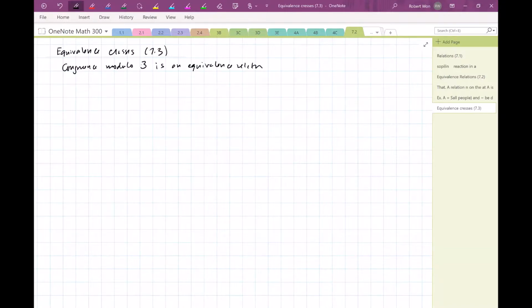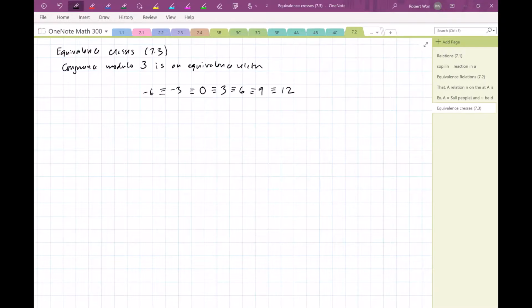For that relation, we know that a bunch of numbers are equivalent to one another. Let me try to list them. 0 is equivalent to 3. 0 is also equivalent to 6, and 3 is also equivalent to 6. Because it's an equivalence relation, it's transitive, so if I continue writing things in this list, they're all going to be equivalent to one another. There's no ambiguity in saying this.